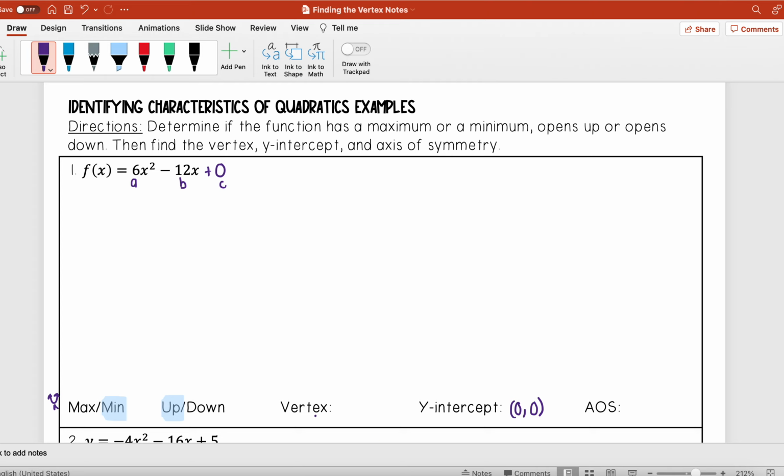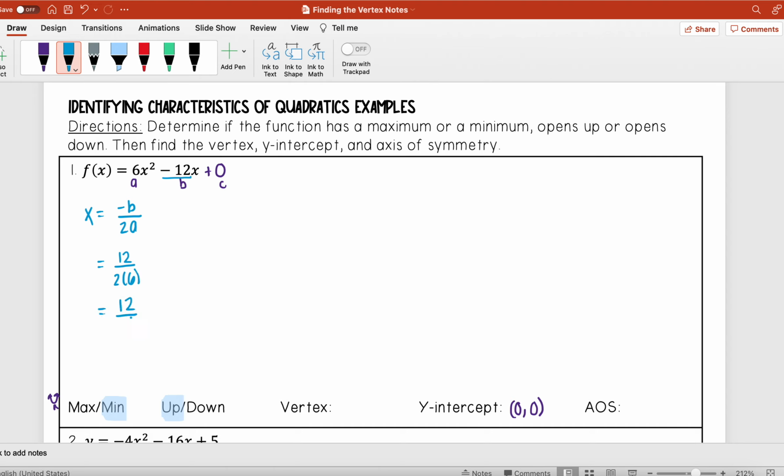Now, like we've done in previous videos, to find my vertex, that's when I have to use my x is equal to the opposite of b over 2a. Well, my b value here is negative 12. So if I do take the opposite of negative 12, that's going to be a positive 12 over 2 times a, which is 6.